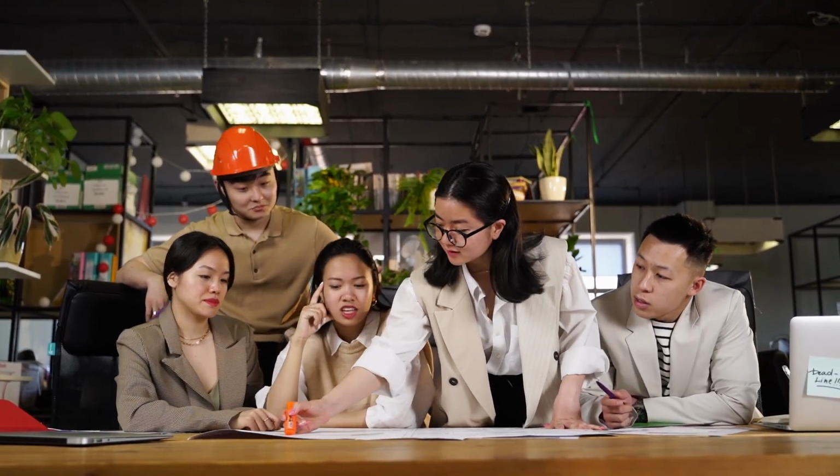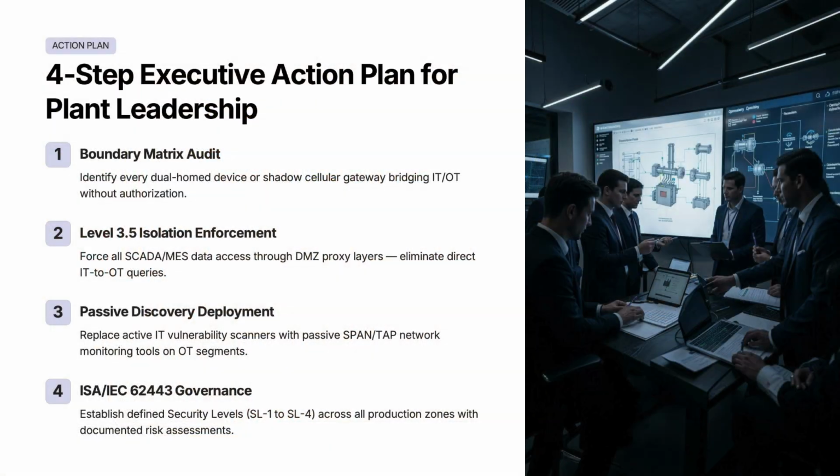Second, enforce level 3.5 DMZ isolation. Mandate that all MES, SCADA, and historian data sharing passes strictly through proxy layers in the DMZ. Third, deploy passive OT asset discovery. Ban active IT scanning tools from your OT subnets immediately.